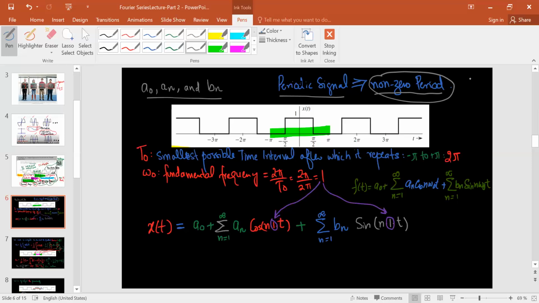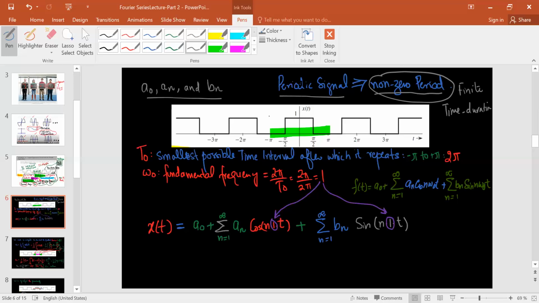So there is a time interval. So I can say a period is a finite time duration, and after that finite time duration, the signal repeats again and again. So that's how it is called a periodic signal.